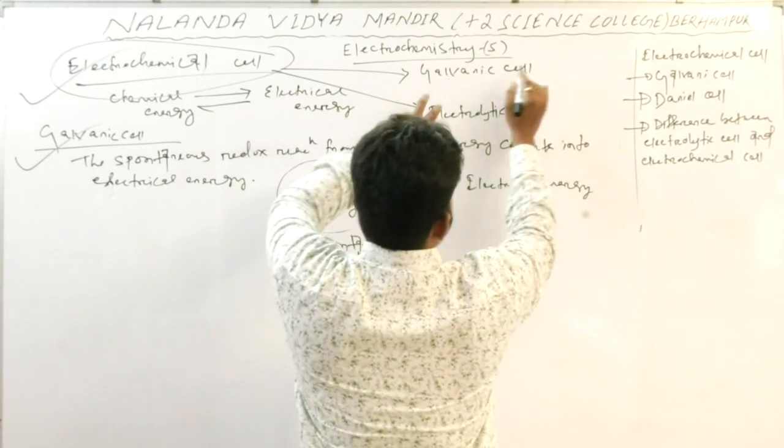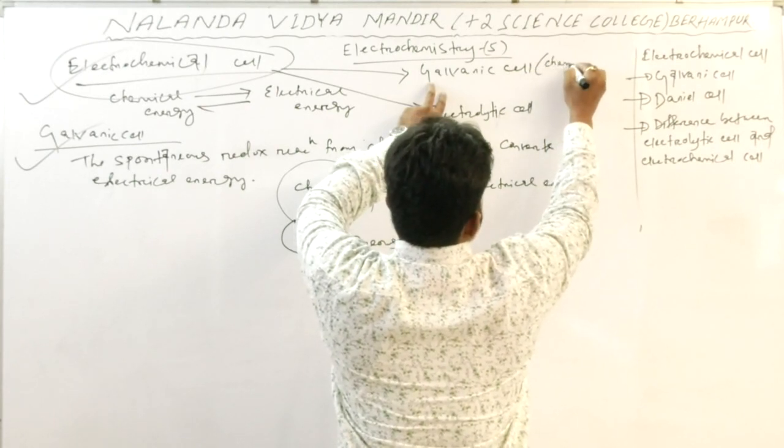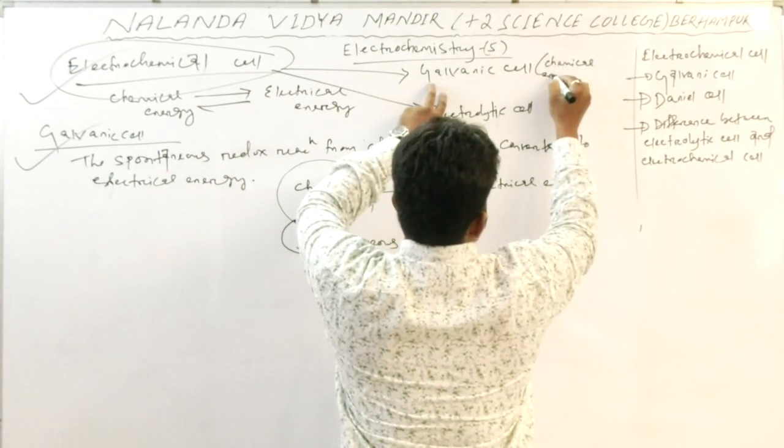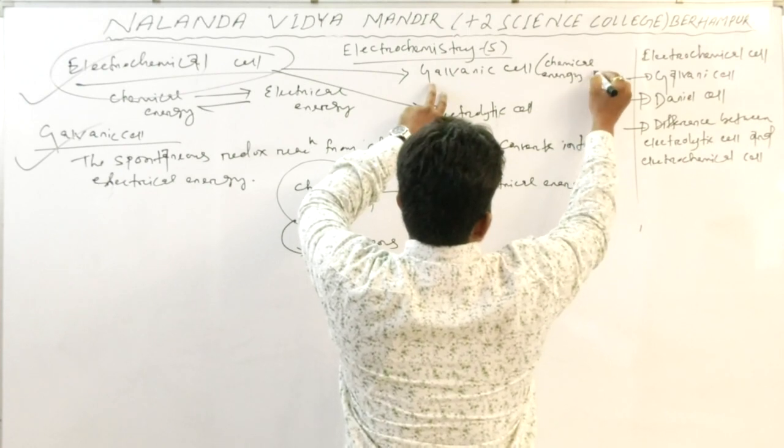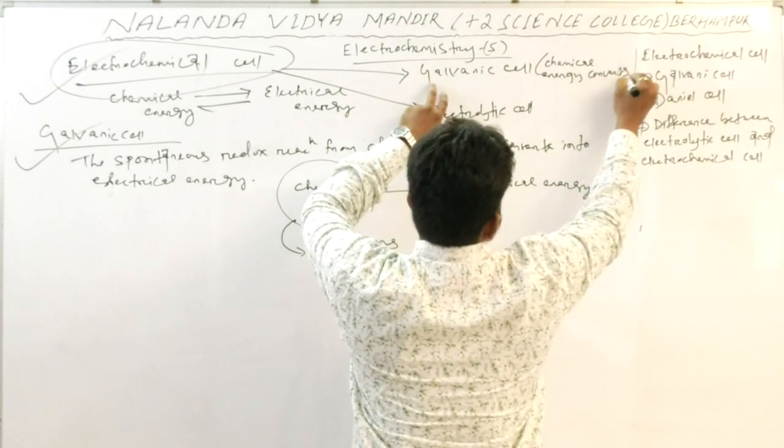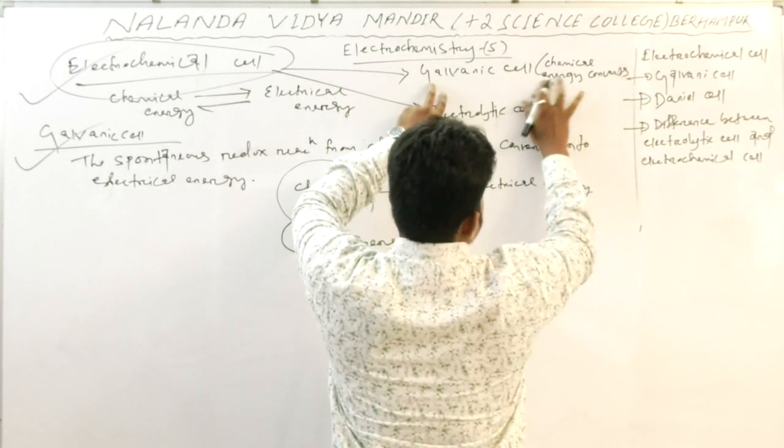Here galvanic cell means chemical energy converts to electrical energy.